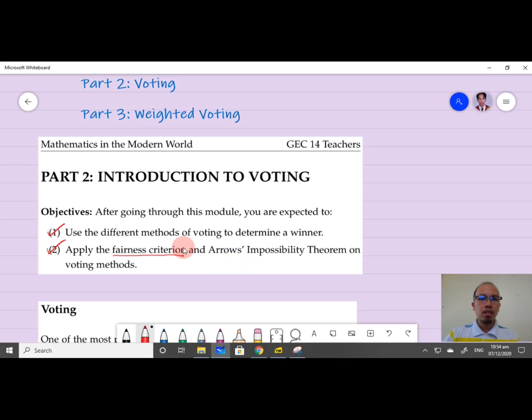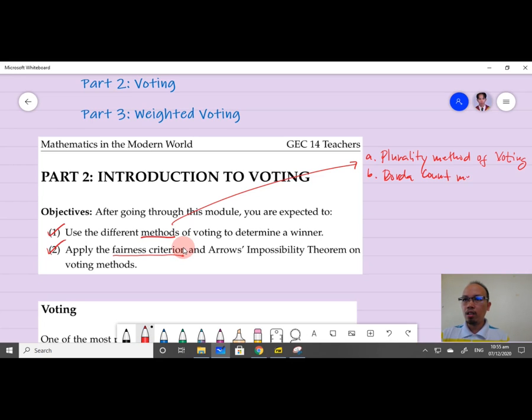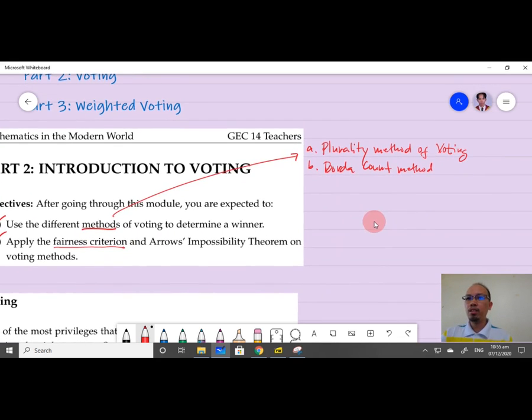So these are the different methods. We will be discussing the plurality method of voting. The second one, we will be discussing Borda count method of voting.